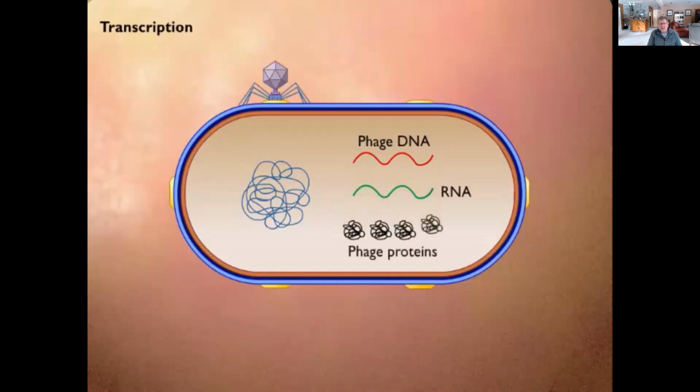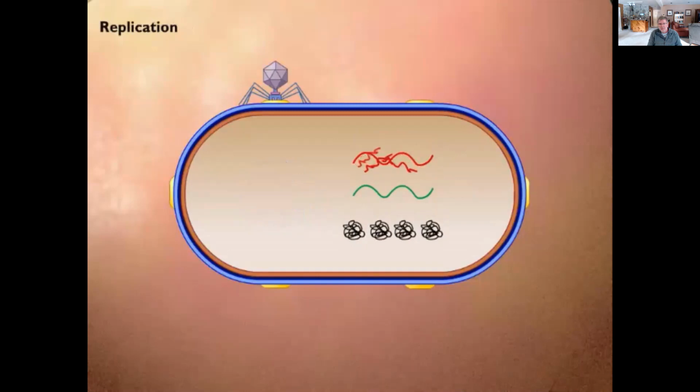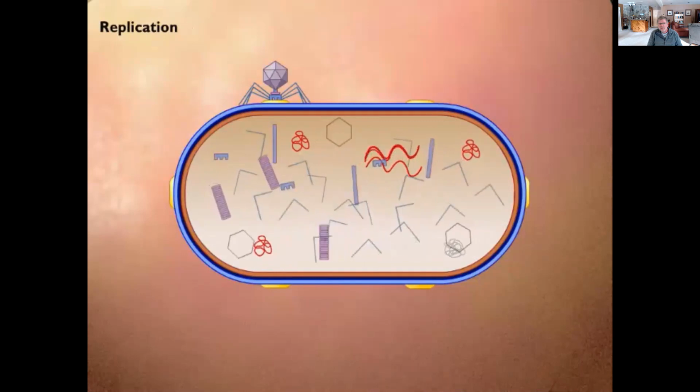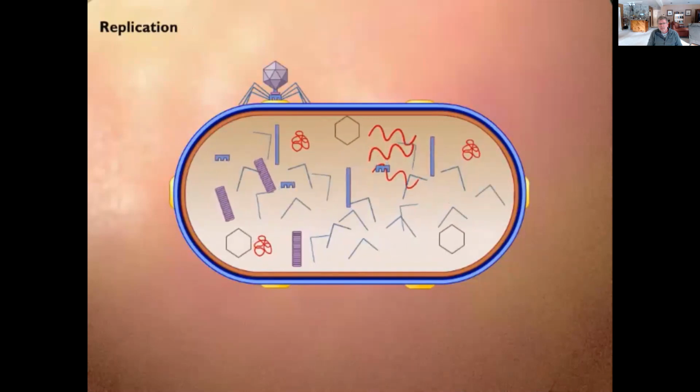In the transcription stage, the phage DNA is transcribed into messenger RNA, which is then translated into phage proteins. Next, the phage DNA is replicated to make copies for new phage particles. The phage DNA is also the template for additional messenger RNA synthesis. During this stage, many copies of phage DNA are made, and the various phage proteins are synthesized.